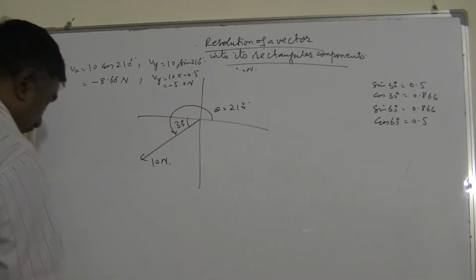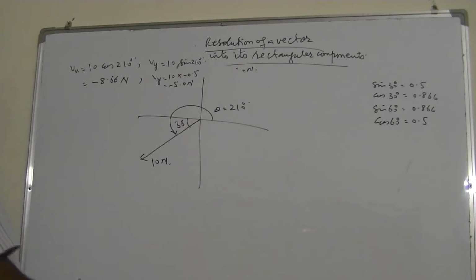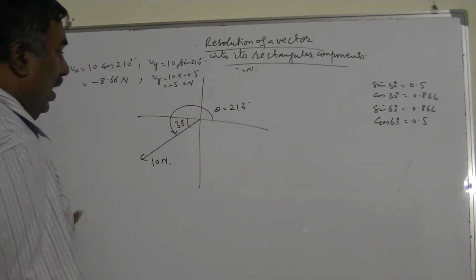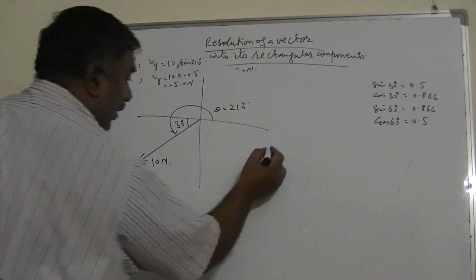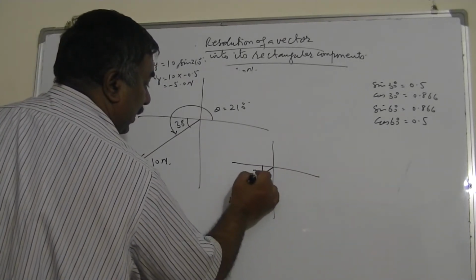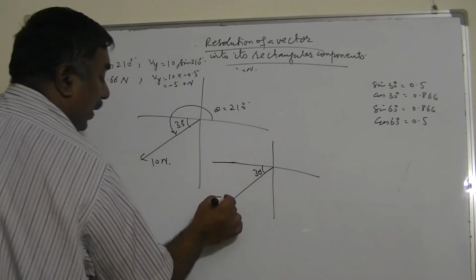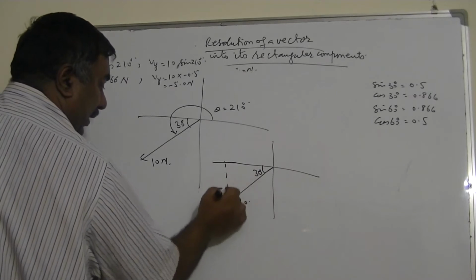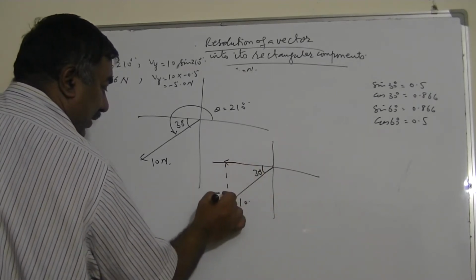This is by the general method. The general method is very easy: just find the general angle and put it in the formula. But you can also calculate in this way. Here this is a 30 degree angle. Now you can drop a perpendicular over here. Now this is 10. One vector is this one, the other vector is this one.